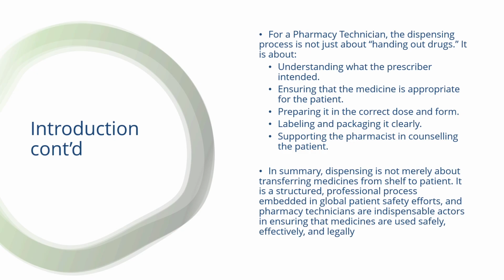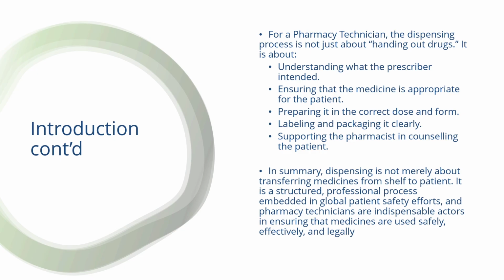There's an antibiotic here, so there must be an infection. There is a paracetamol here, so there must be pain somewhere. So you have to understand what the prescriber wrote and what it intends to achieve. That is one of the things that a pharmacy technician needs to know.